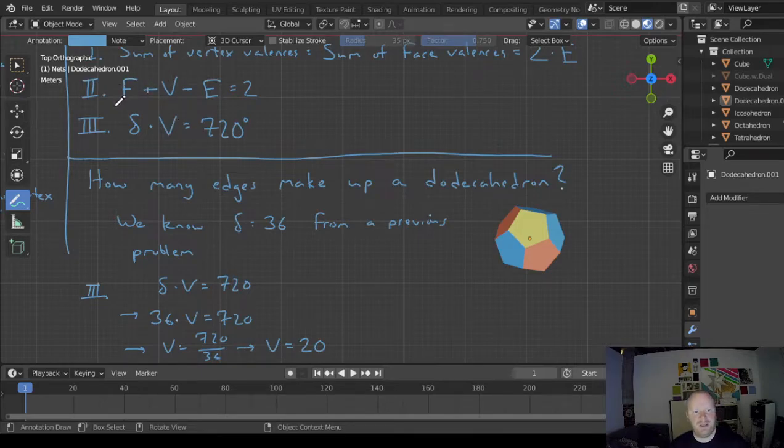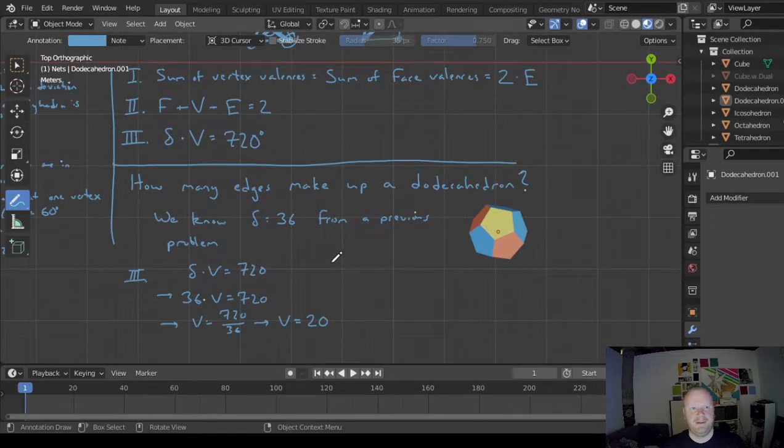We can try plugging it into this piece here, but we still need to know the number of faces. While I can pretty easily do this, or maybe you can use the Greek root, dodeca, saying that it's got 12 faces, let's see if we can figure that out using this top formula here.